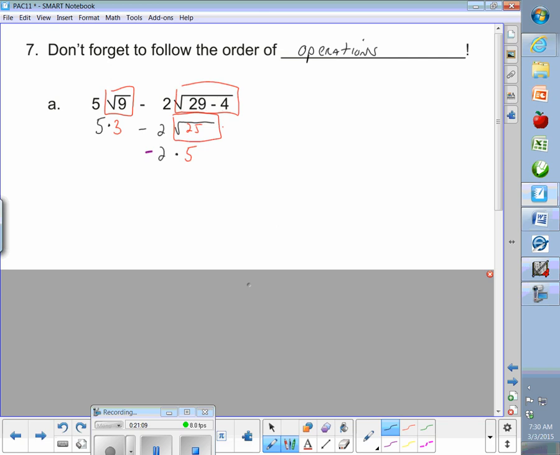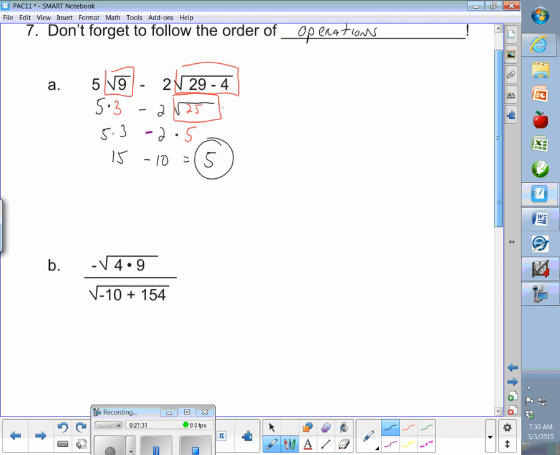And now I'm down to all multiplication or division, so 5 times 3 is 15. And a negative 2 times a 5 is a negative 10. And we can finish this off very simply as a 5. Okay? Order of operations.